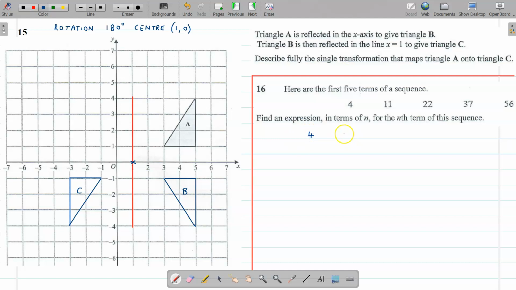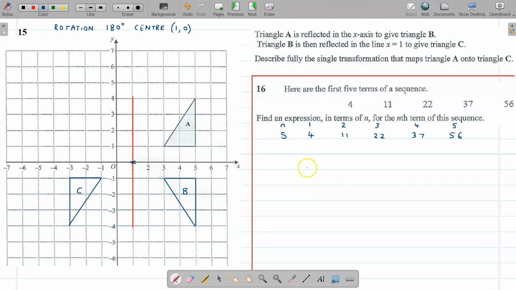So we've got 4, 11, 22, 37 and 56, it's probably going to be a quadratic sequence. We're about to find out. I'm just going to label these numbers 1, 2, 3, 4 and 5. That's what we call n, the position in the sequence. So n is there, s is here.